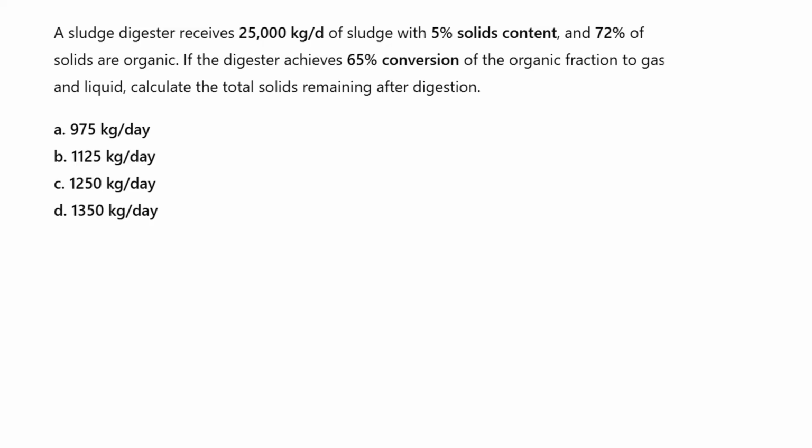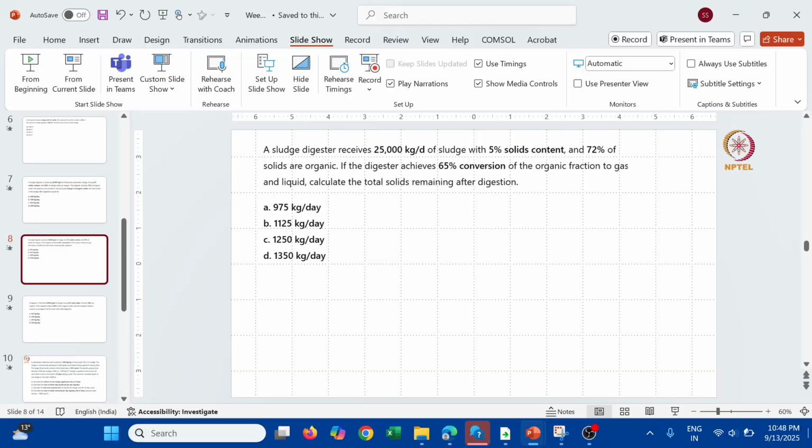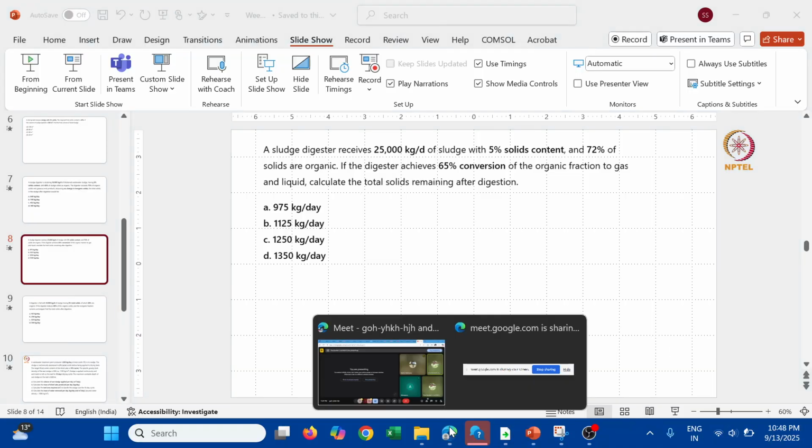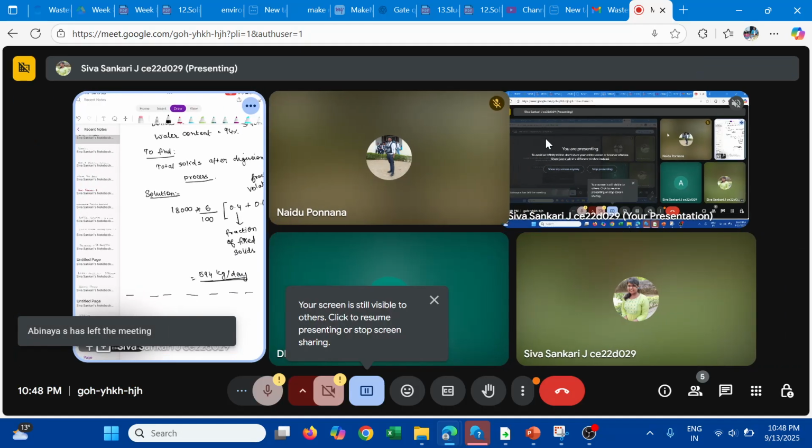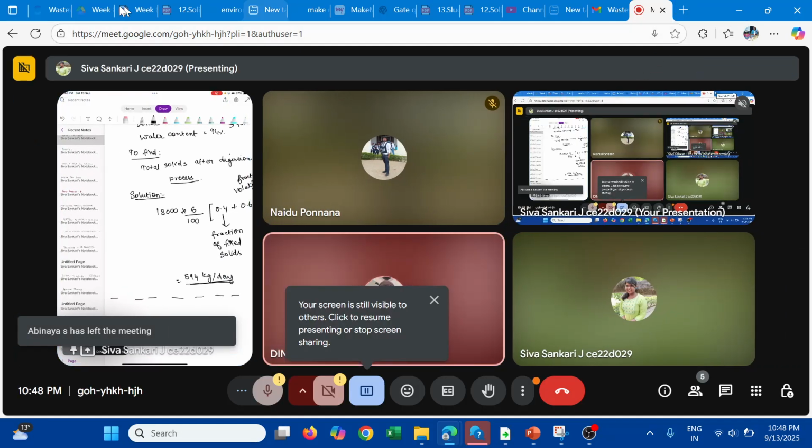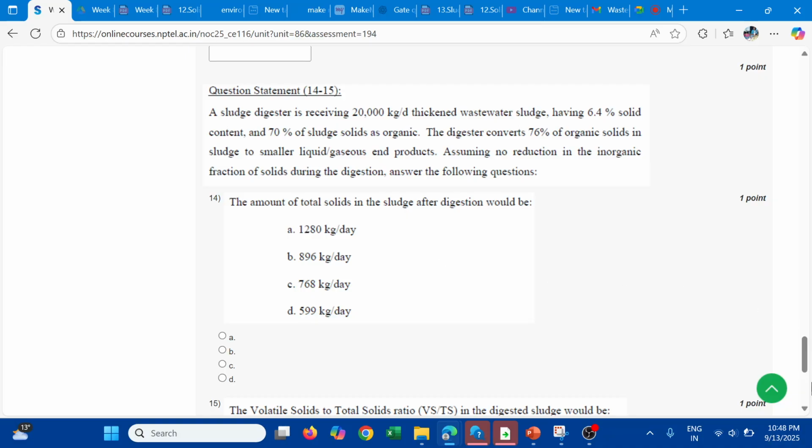So how to address this with the forum? Naidu, if you have any information about how to ask this, suppose we have the time to submit the assignment and how to address this. That's what I'm asking. Okay, you are asking how to ask in the forum. Yes, that's what I'm asking. Please, if you can guide us, that will be really valuable.